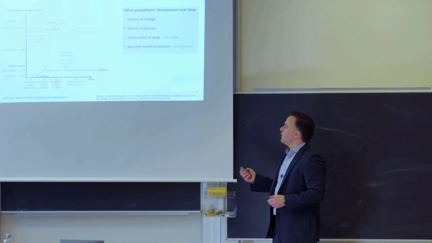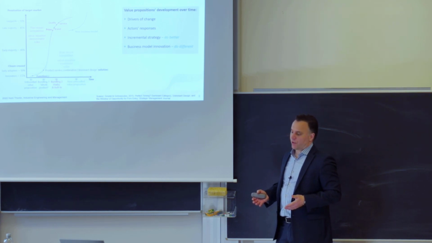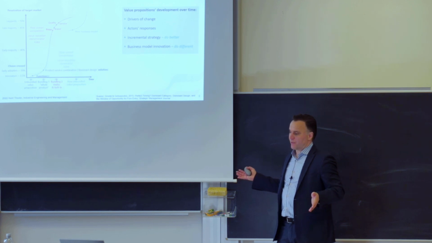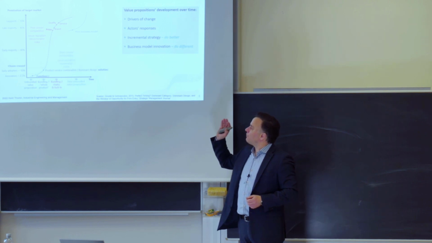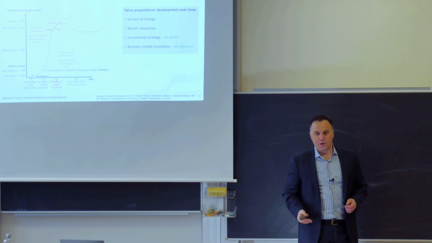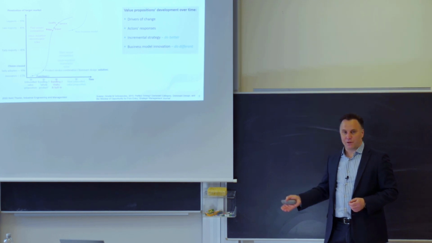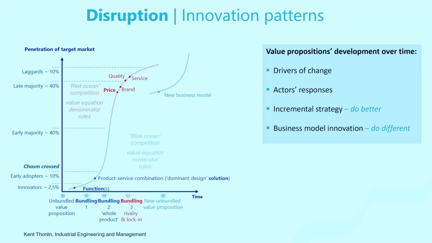And it might come with a new technology, leveraging some new way of doing things. Maybe it's based on blockchain or something like that. But even if it's a new technology, it always has to come with a new business model to have a disruptive effect. Otherwise, it's the same thing done, just at slightly lower cost.